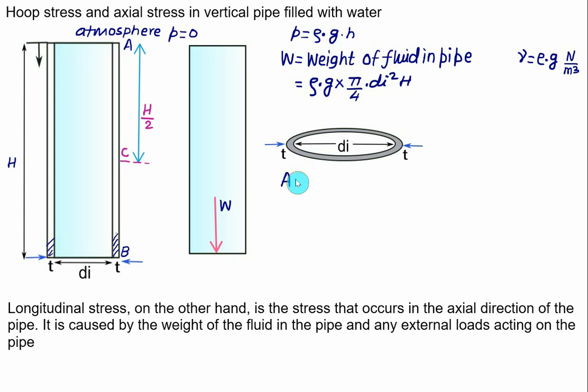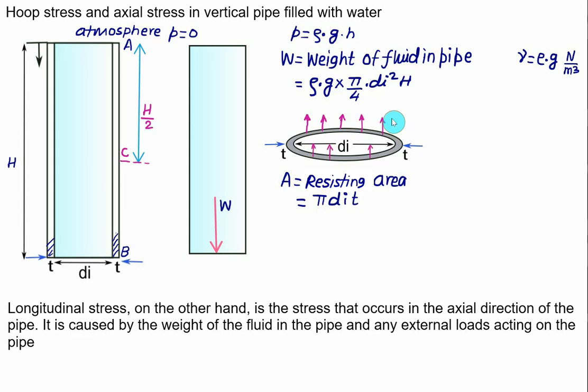Let A represent the resisting area, and this resisting area is the same everywhere. We can calculate it as circumference, pi multiplied by d_i, multiplied by thickness T. In this case, the axial stress will act in a vertically upward direction. So this is the direction of axial stress.